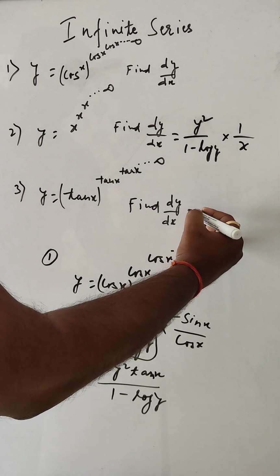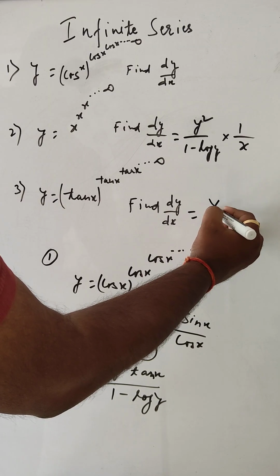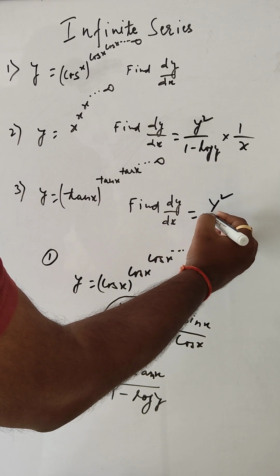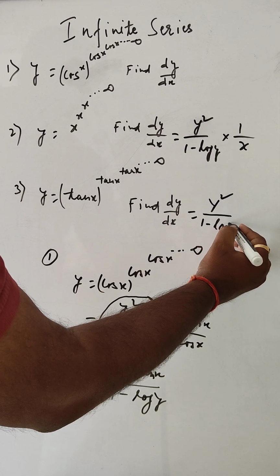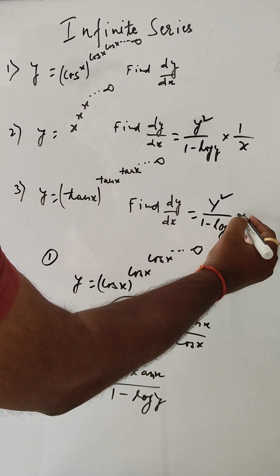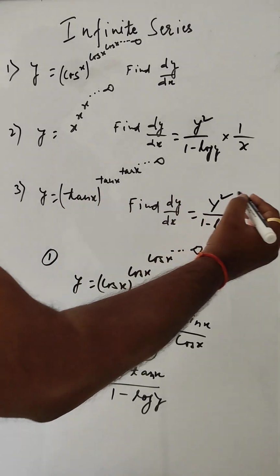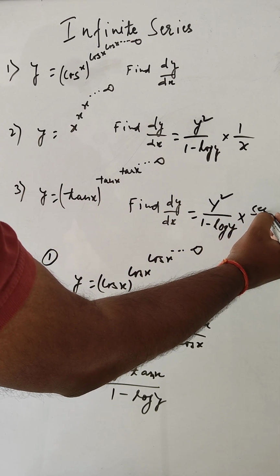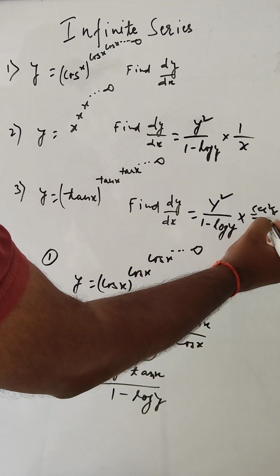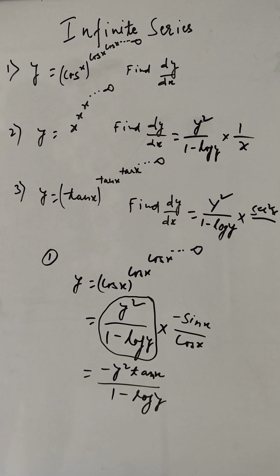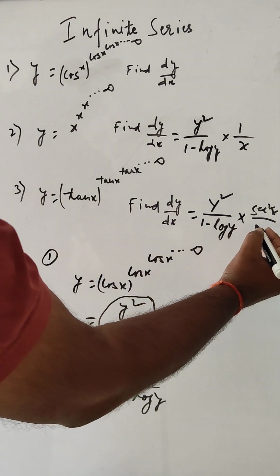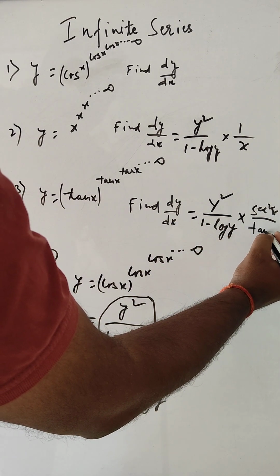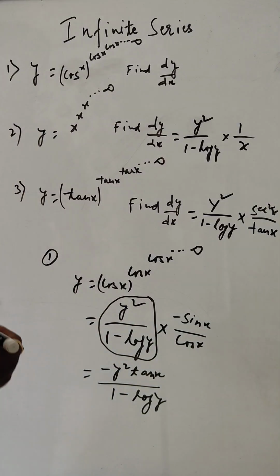Another one for this: y squared, and 1 minus log y, times the differentiation of tan x, which is sec squared x, and we have to divide by the same thing, tan x.